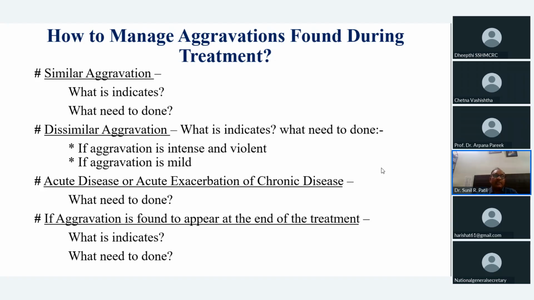Sorry, dissimilar aggravation. That time, if the aggravation is intense and violent, or if the aggravation is mild, what is the indication and what needs to be done? Dissimilar aggravations are conditions where, during the course of treatment, new troublesome symptoms appear which were not found in the patient previously.